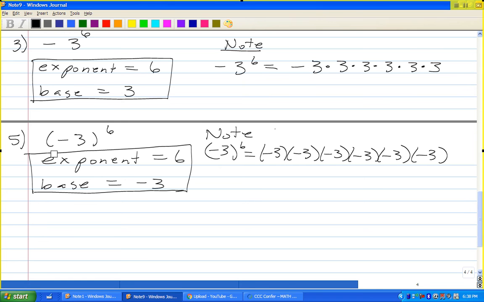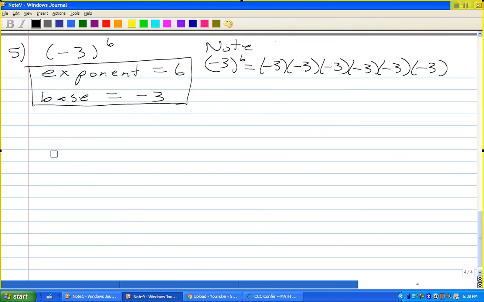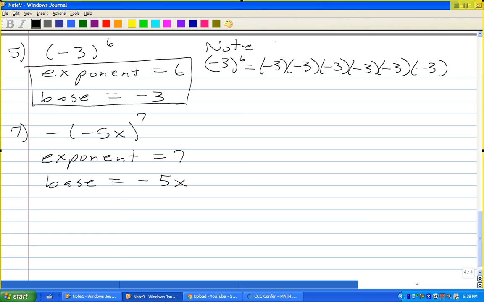Let me do problem number 7. Negative 5x to the 7. So in this case, the exponent is 7, and the base is -5x, just like in problem number 5.